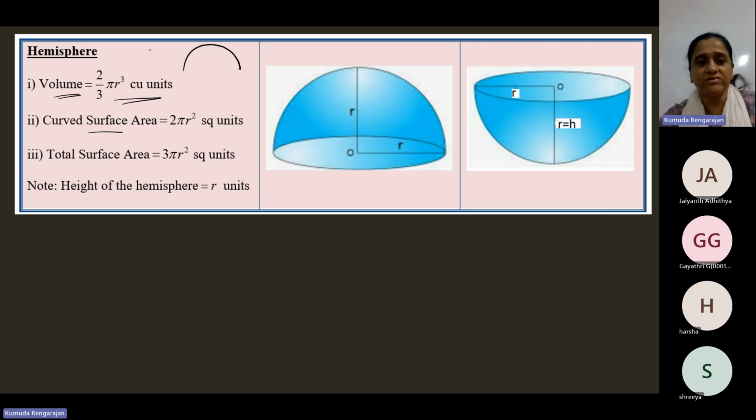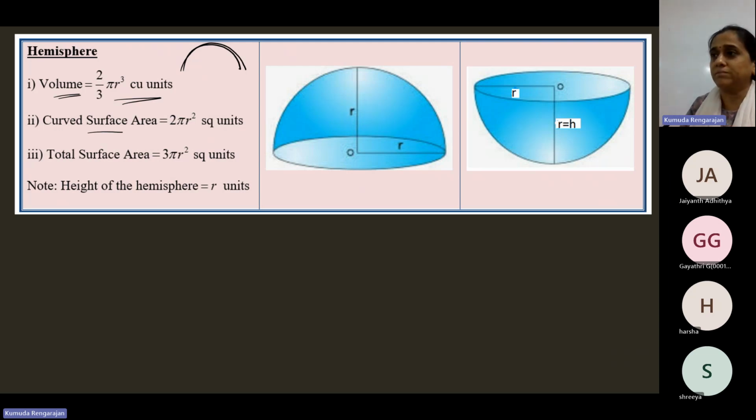Otherwise, the one that sits on your head is a hemisphere, right? We'll not take into account that flap which comes here. We'll just ignore it. We'll take into account only that part which sits on the head, which covers our head.